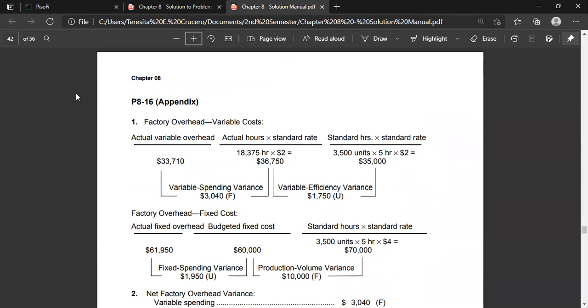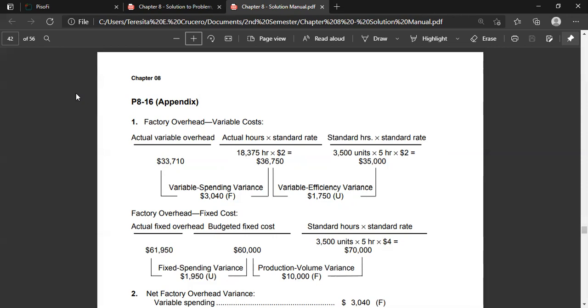So for the factory overhead, first we determine the variables. We have the actual variable overhead of 33,710. Then the actual hours times standard rate. The actual hours at 18,375. Now that's for given direct labor.